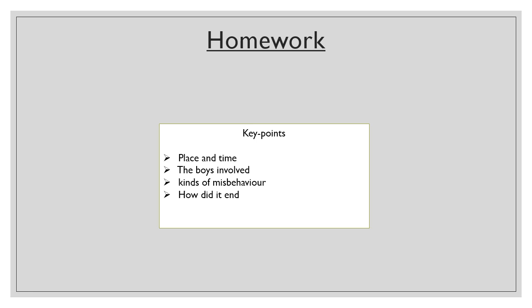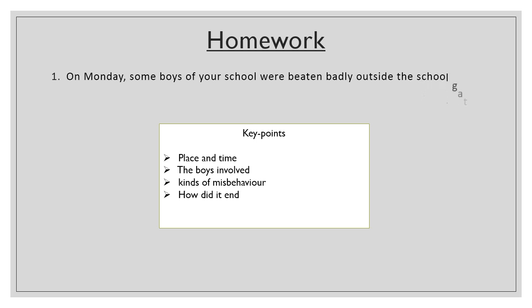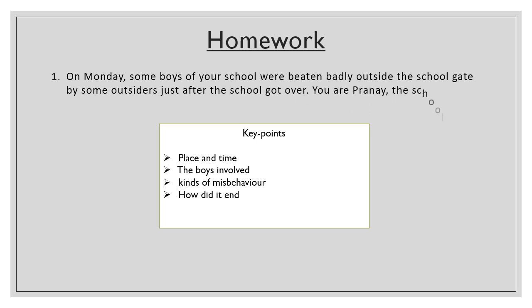There's one homework for you all. You have to write one report. On Monday, some boys of your school were beaten badly outside the school gate by some outsiders just after the school got over. You are Pranay, the school prefect and also an eyewitness.